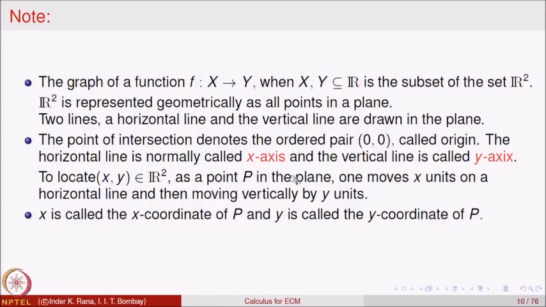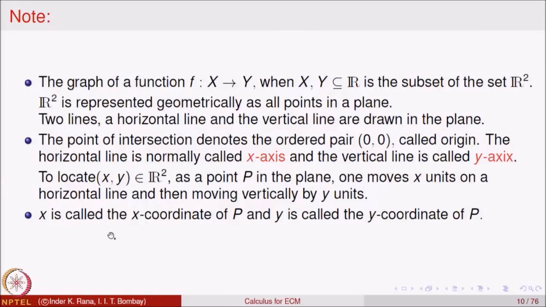What one does is move x units on the horizontal line and y units on the vertical line. That means on the x axis you move x units, on the y axis you move y units, and you locate a point. That is the point associated with the ordered pair x comma y.